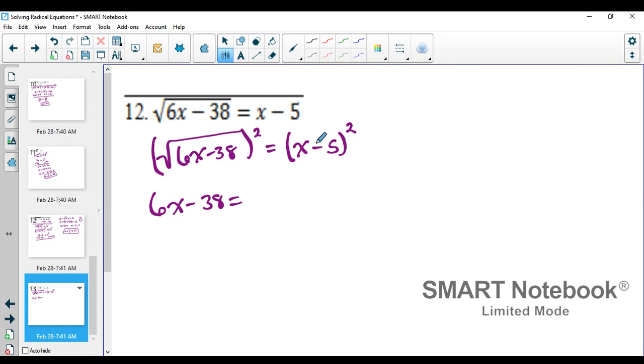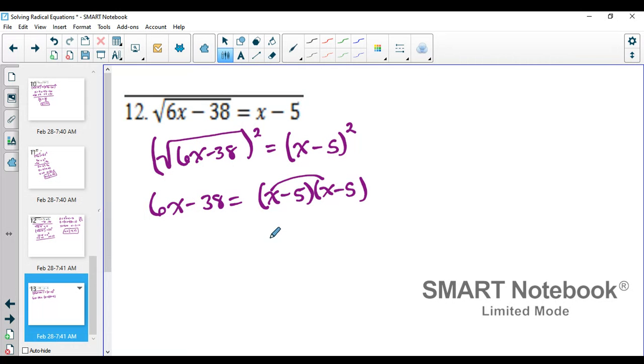Now, we have to talk about what this means because we forget every time we use it. x minus 5 squared does not mean you square each individual term. It means you are multiplying two of those together. So we have x minus 5 times x minus 5. And now we have to do the distributive property twice.